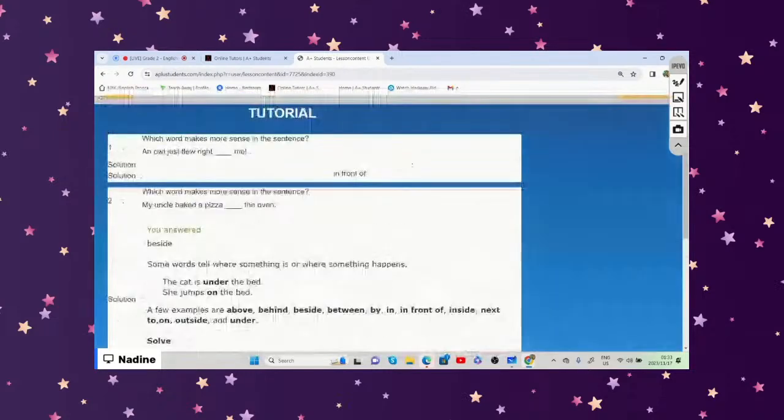So we can say, my uncle baked a pizza in the oven. So it's making a pizza in the oven. So we can say, my uncle baked a pizza in the oven. So, in the oven.